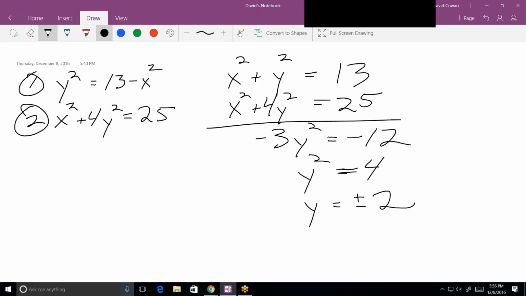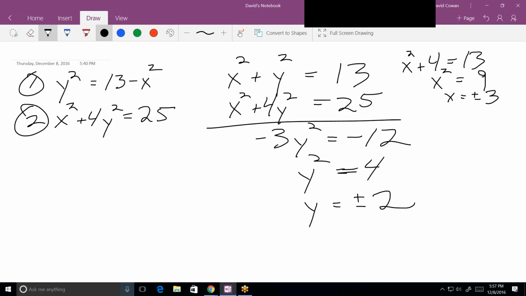Let's use equation 1, it's the simpler one. Substitute the first y in. You get x squared plus 4 equals 13, so x squared equals 9, and x equals plus or minus 3. And when I substitute the negative 2 in, I get the same thing.